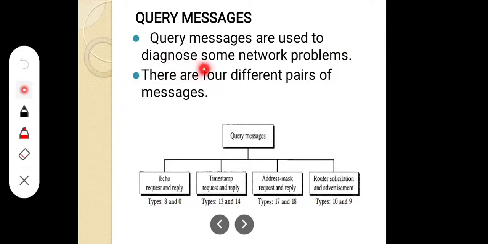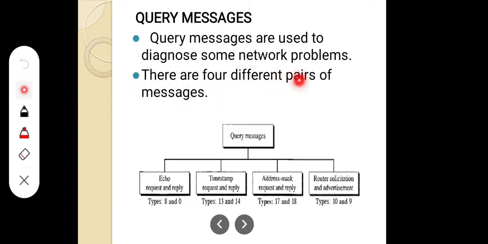Query messages are used to diagnose some network problems. If host A wants to check that a connection is established between host A and host B, it can use a query message, a ping message. If it wants to check whether the other host is responding, it can just ping using the IP address. So ping is just a query message.